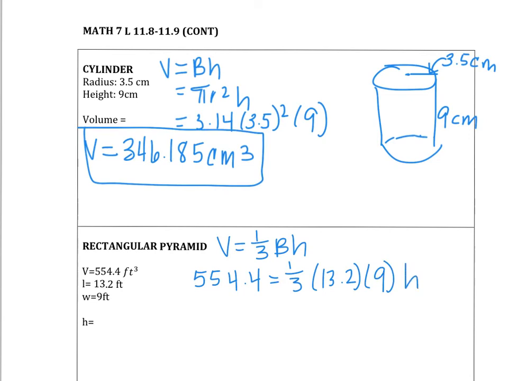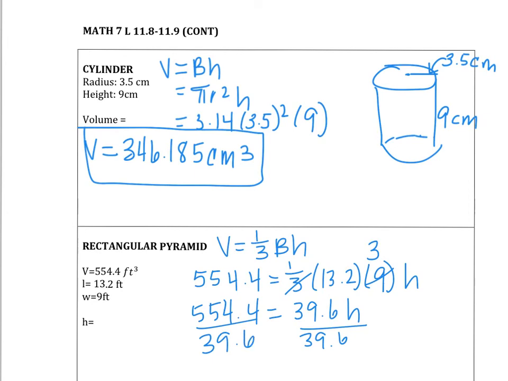So let's simplify what we do know. 554.4 equals, again, I have 1/3 of 9 that I can take here because 3 goes into 9 evenly, so I can simplify it easily that way. And so it's going to be 13.2 times 3, and that's going to be 39.6 times the height. And we want to solve for the height, so we divide by 39.6 on both sides. And we get our height equals 14 feet.